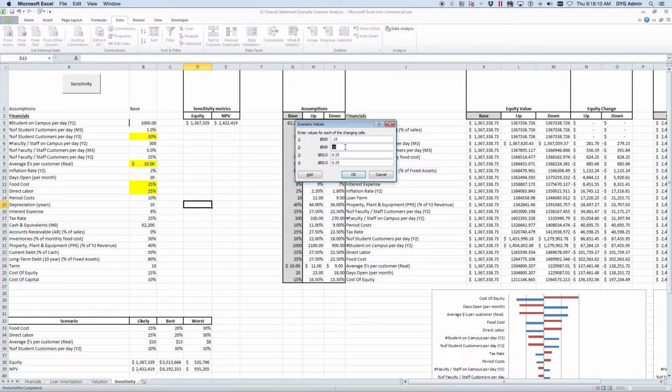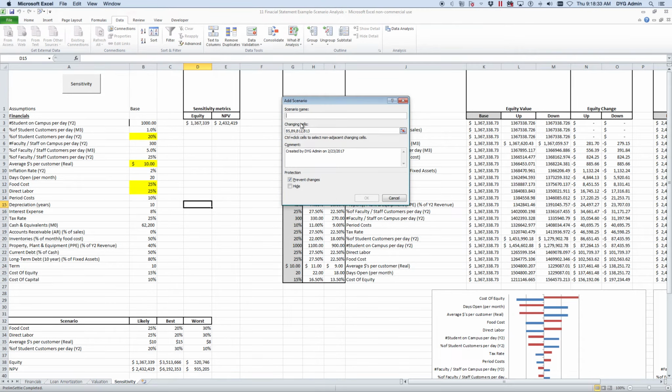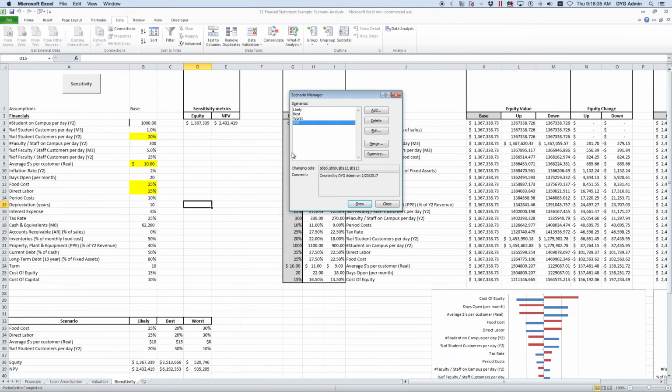Let's say that the food cost is $12. Let's say that the amount that the customer spends is $12, and that we're able to hold food costs to 22%, but labor costs go up to 30%. So that would be an example of a mixed scenario. All right, so we added that, and we'll cancel.